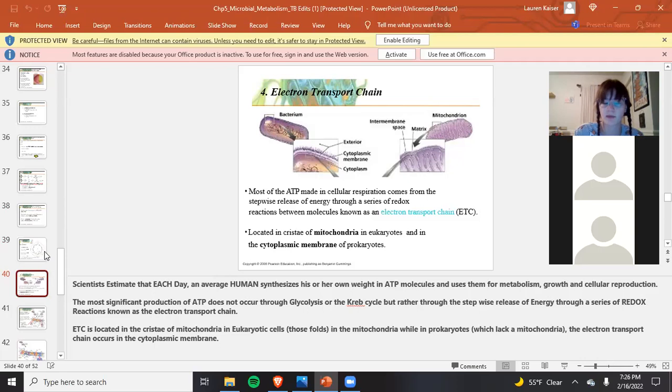Sorry, cytoplasmic membrane. And in the cristae of mitochondria, right? So that's the two places where this happens. And remember, mitochondria is for the eukaryotes, cytoplasmic membrane is for the prokaryotes.